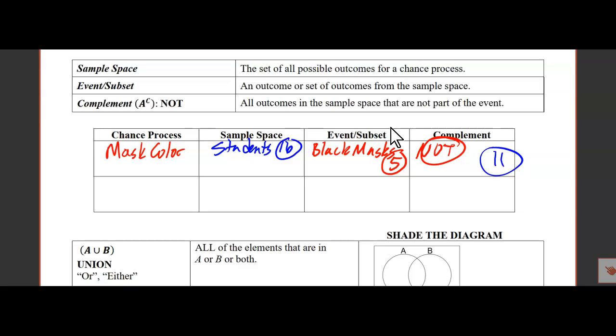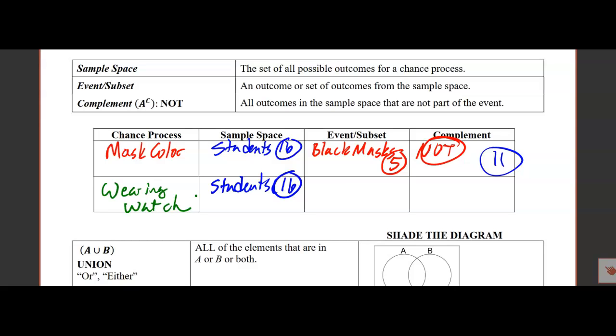All right. So let's do another event. Let's do, again, from our students. And let's make the event that you are wearing a watch. You are wearing a watch somewhere on yourself, somewhere on your person. So how many people in this class have a watch on? 1, 2, 3, 4. 4 people?